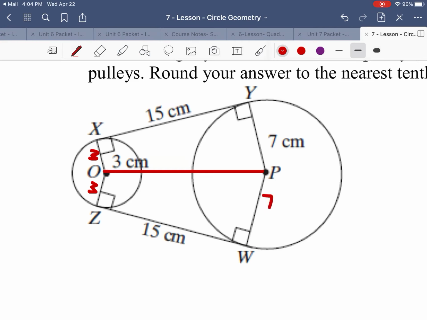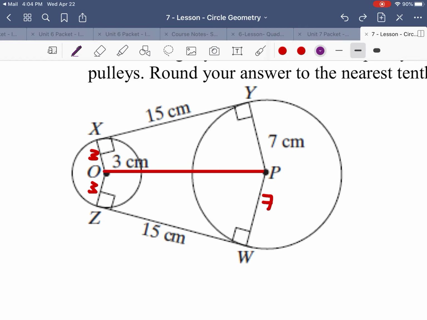So I know that this guy is going to be 3. I know that this one's going to be 3. This is 7, and that one's already labeled as 7. So I need more information. We could start getting into the fact that this is a trapezoid and solve for that kind of stuff. But we do also have knowledge about right triangles. So why not use that knowledge to our advantage?